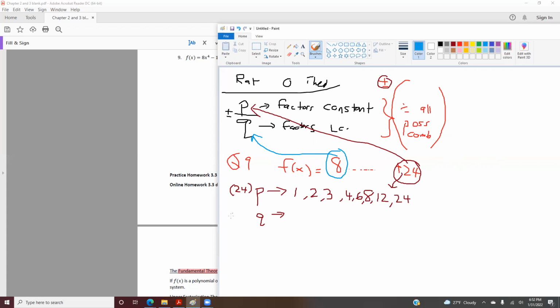And Q in this case is all the factors of 8, which is the leading coefficient, which will be 1 times 8 and 2 times 4. So these are all the combinations of 8. In order for us to use the rational zero theorem, you have to give me all the possible combinations of this.